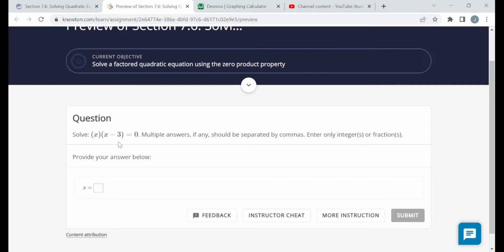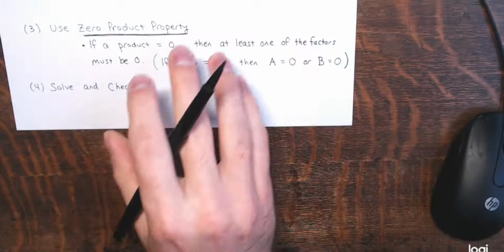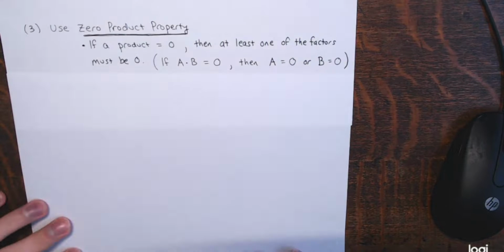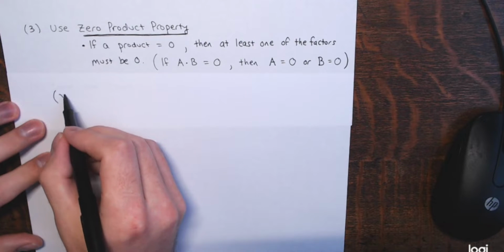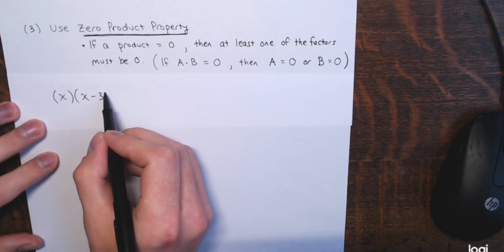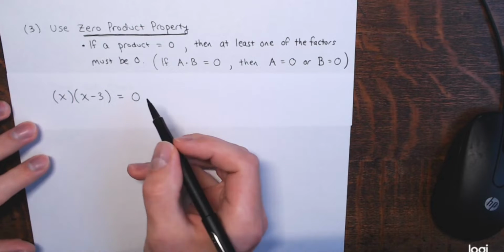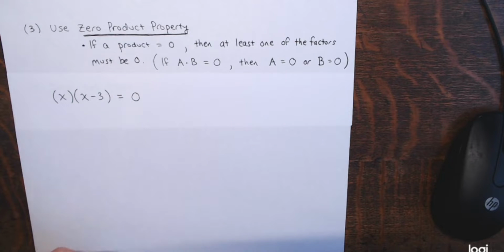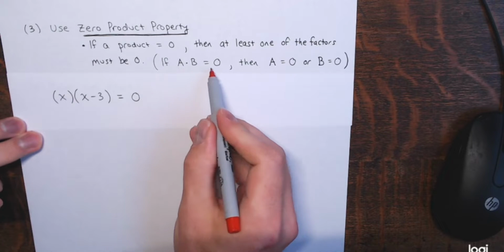Right? So this is what we're going to do with this. I'll write this out. Here I'll keep the zero product property up. They wrote it out like this: x times x minus 3 is equal to 0. So I have exactly the beginning of the zero product property, the hypothesis.